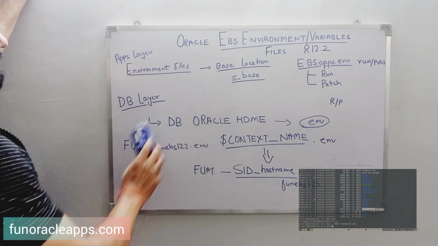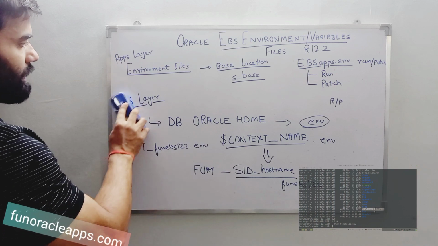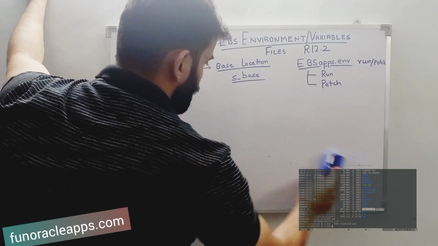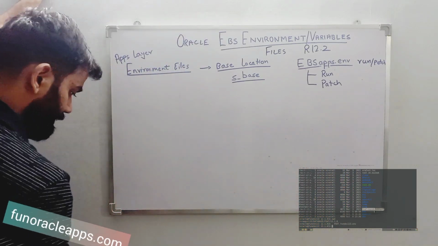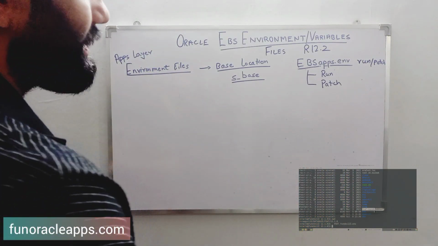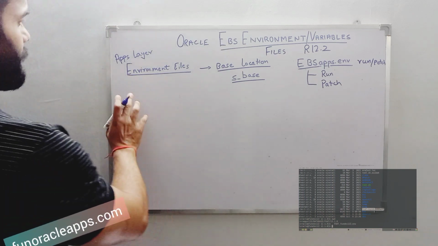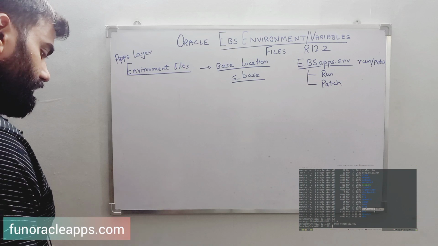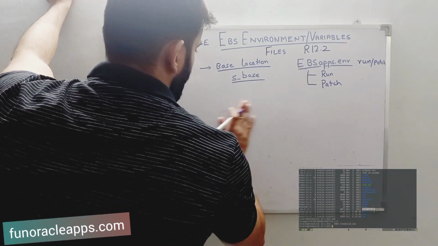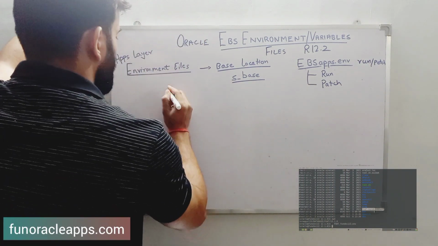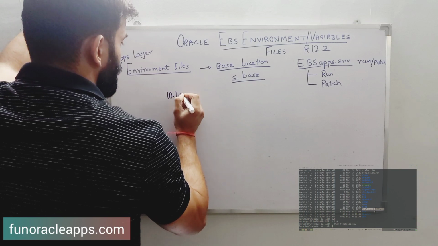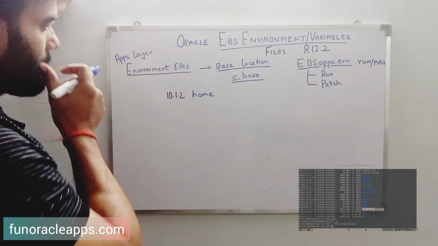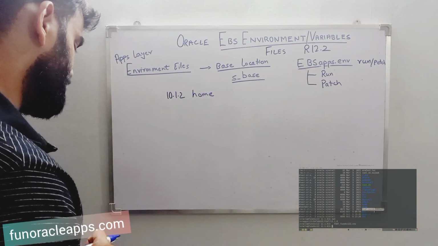So let's clear this out. Again I will clear this DB part. Now coming to the application layer, you will still see some more files. Some more files are located in your 10.1.2 home on the EBS.